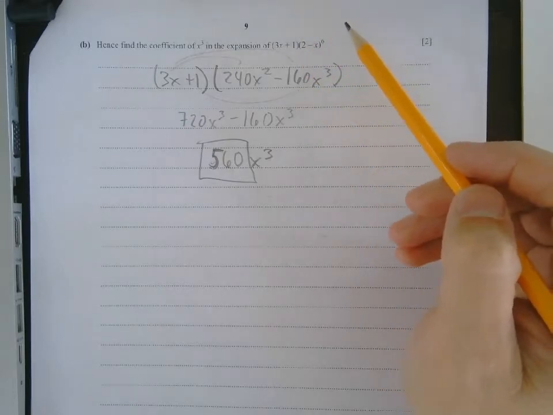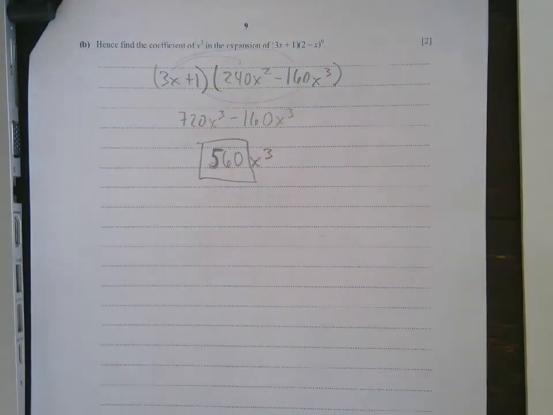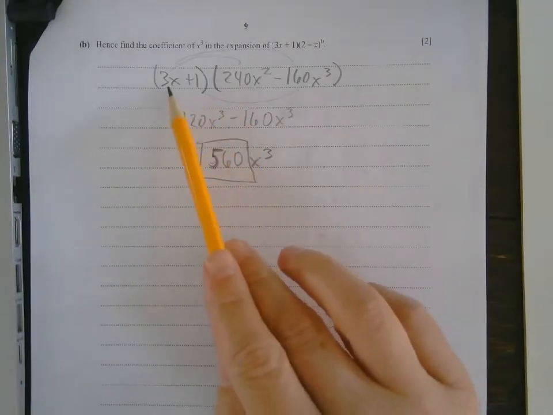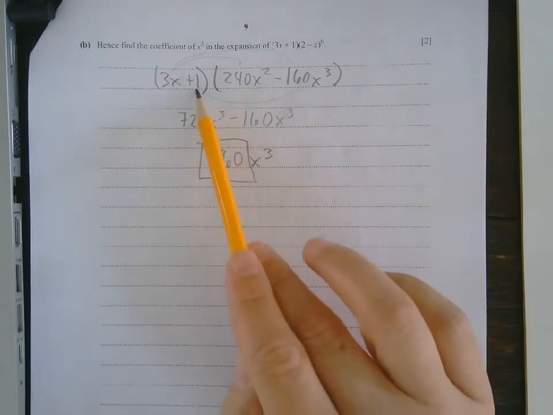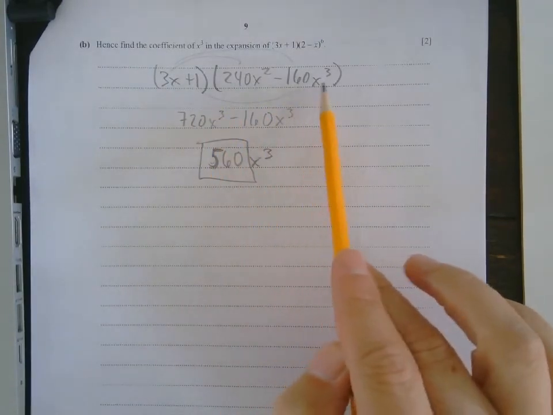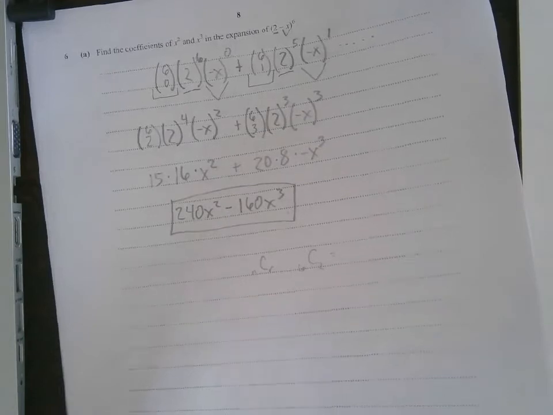So what things in that case are going to give me an x cubed? The places where that will happen is when I multiply the 3x times something that has the x squared in it, or when I'm doing the 1 times the thing that has the x cubed in it. We got these from part A of the question. All right, those are from there.